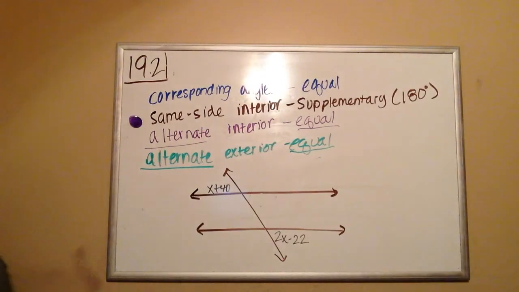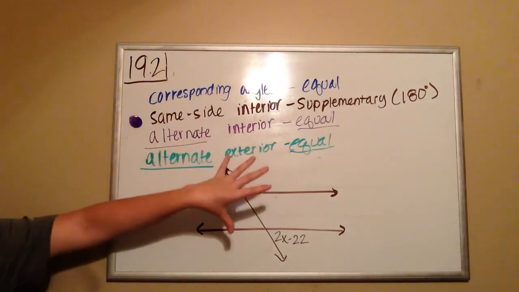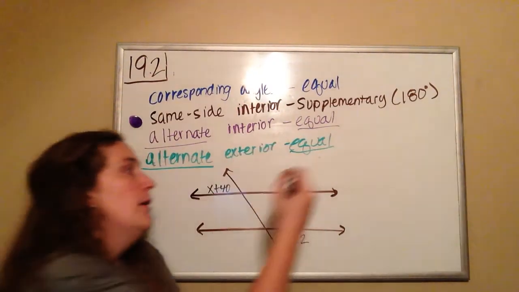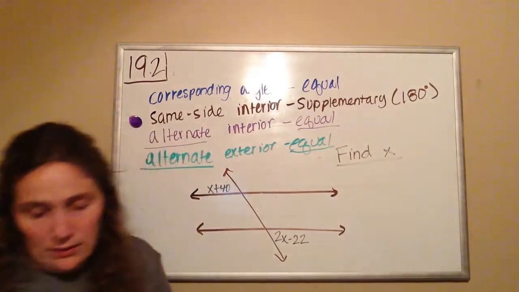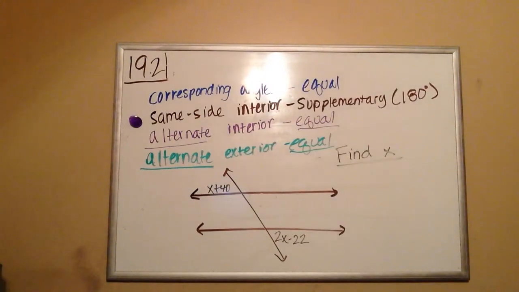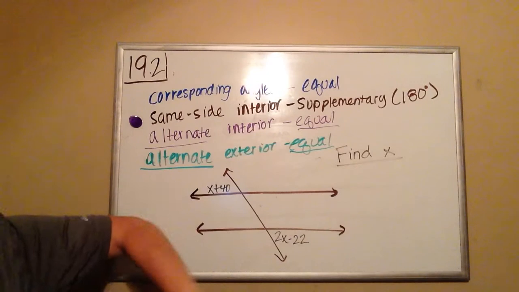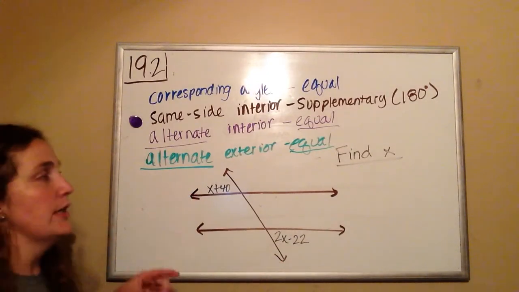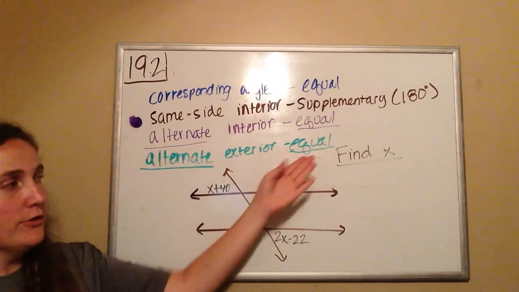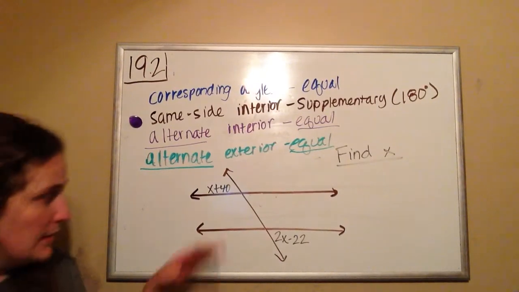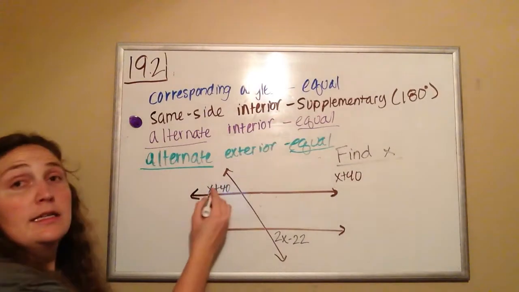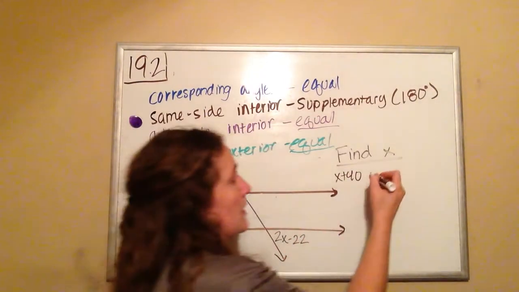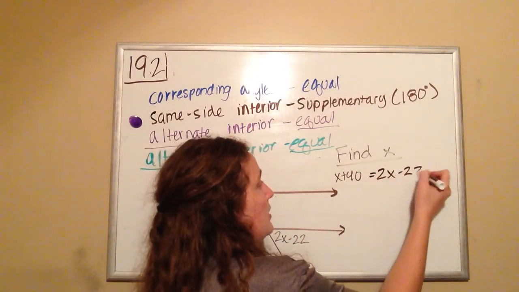The first thing you have to figure out is what vocab word these two correspond to, because our instructions are we're trying to find x. So we need to be able to tell that these are exterior angles and they are alternate. So alternate exterior angles must be equal, which means that we can take this x plus 40 and set it equal to this 2x minus 22.